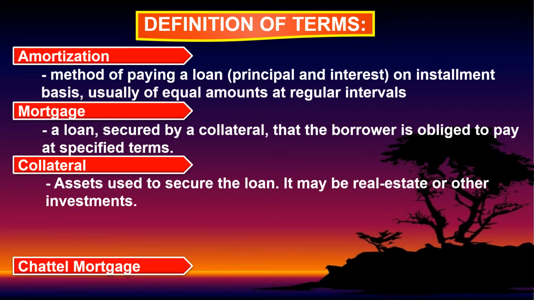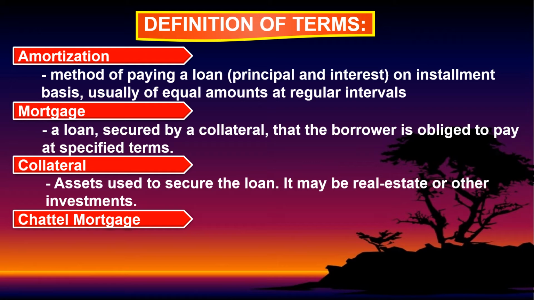For a business loan or chattel mortgage, equipment, furniture, and vehicles, commonly called movable properties, may also be used as collaterals. Usually, the loan is secured by the property bought. For example, if a house and lot is purchased, the purchased house and lot will be used as mortgage property or collateral.